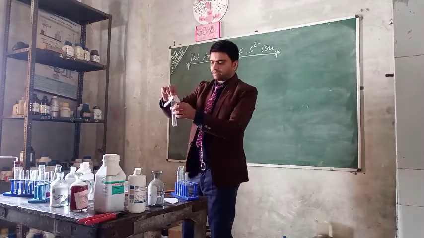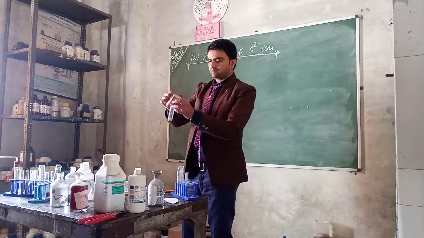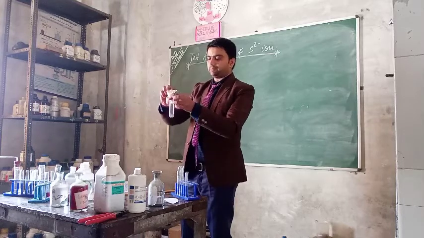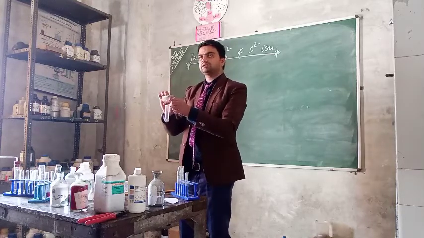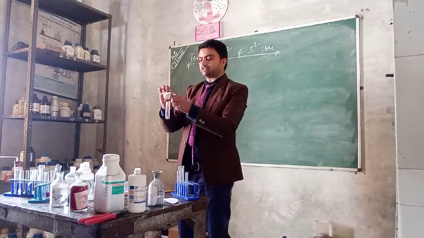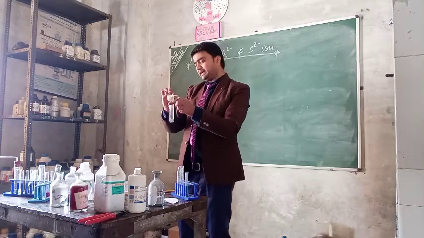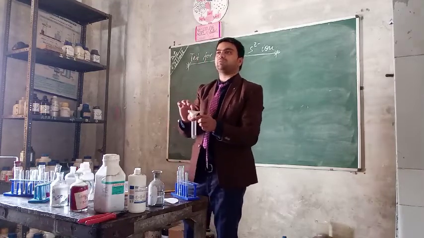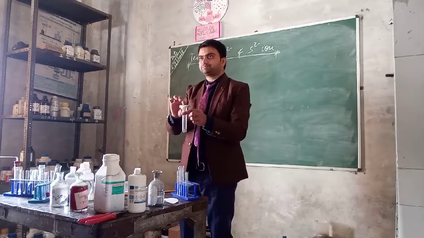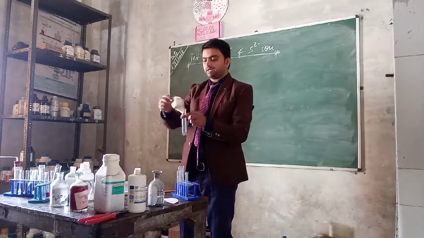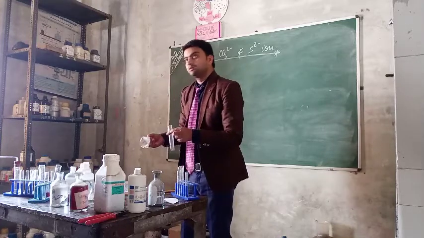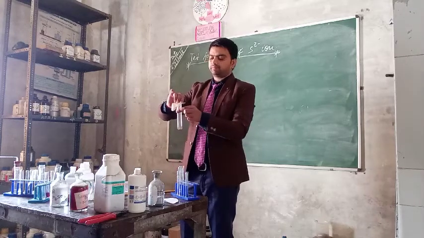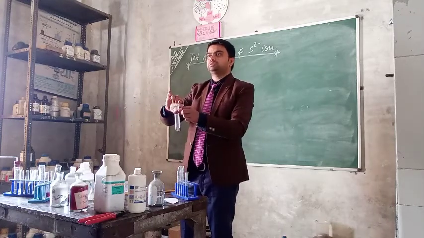You can see here, this is the filter paper which contains the lead acetate. When this H2S reacts with the lead acetate, it will give the black precipitate of the lead sulphide, that is PbS. And you get the black precipitate on the filter paper. So this will indicate the presence of the sulphide ion in your salt.